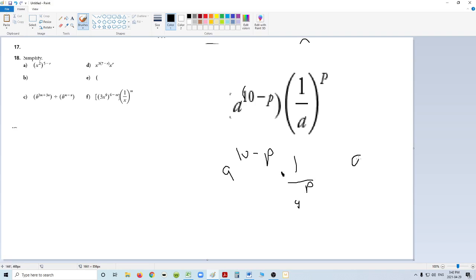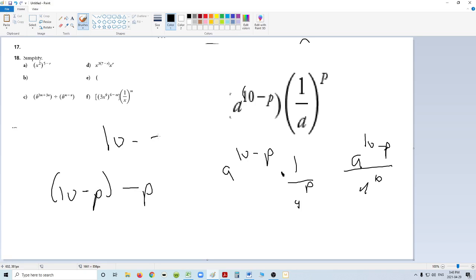So we get a to the 10 minus p divided by a to the p. So the rule is I take the top exponent, 10 minus p, they're the same base, and I subtract 1p. So I end up with 10 minus 2p. So the answer is a to the 10 minus 2p as an exponent. And that's all I can get.